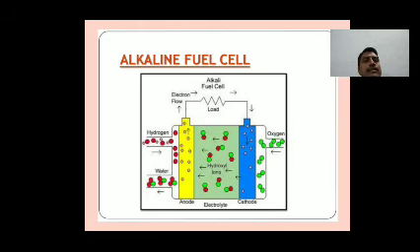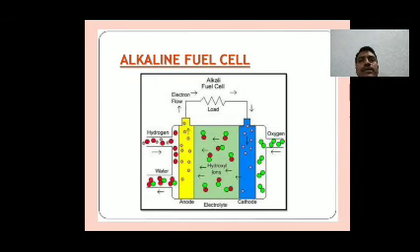In the diagram, the porous carbon electrodes act as anode and cathode. These porous carbon electrodes, filled with platinum or palladium, act as catalyst. One is hydrogen, which passes through the anodic container.